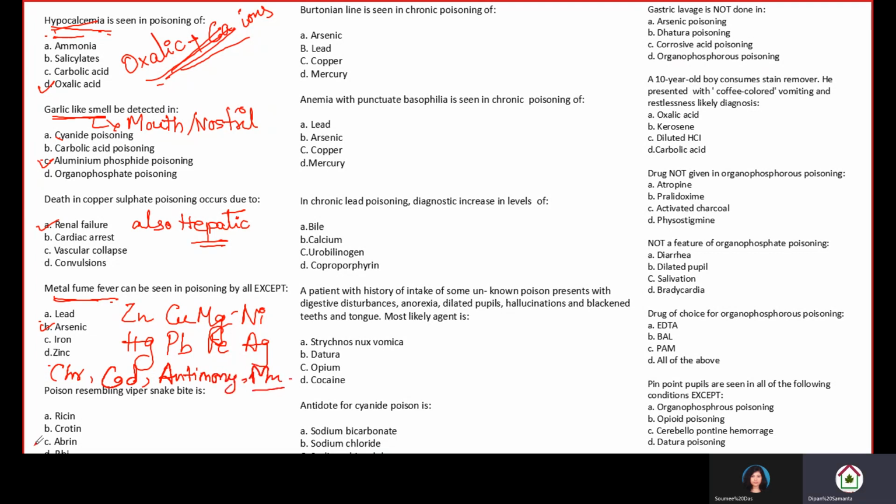So the inhalation of fumes composed of these metals is called metal fume fever.